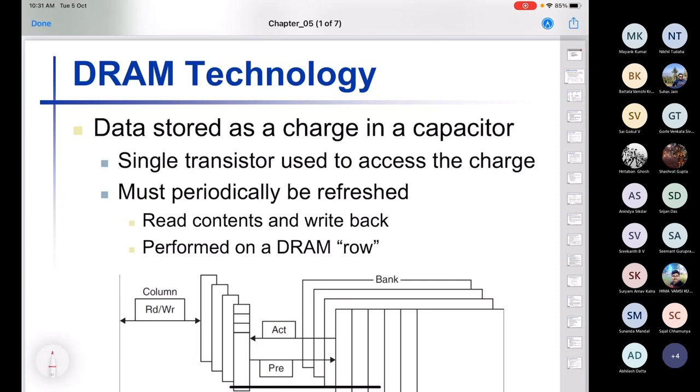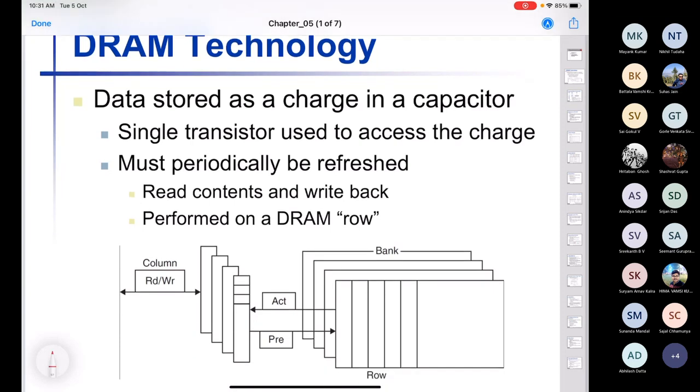So in DRAM, data is stored as charge on capacitors, very, very small, not added capacitors. The capacitors which are inherent in MOSFETs, these are extremely small capacitance values, and these are leaky transistors. If you store a charge on these capacitors, the charge actually leaks through the transistor.